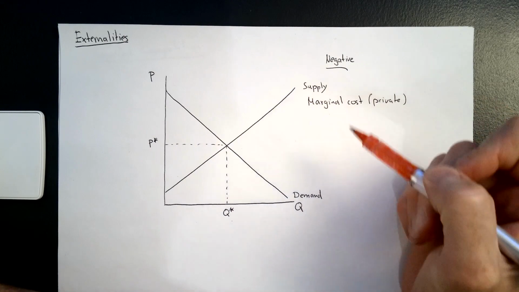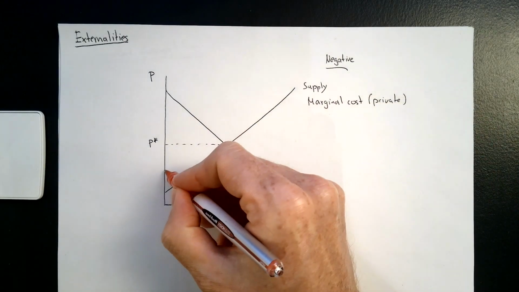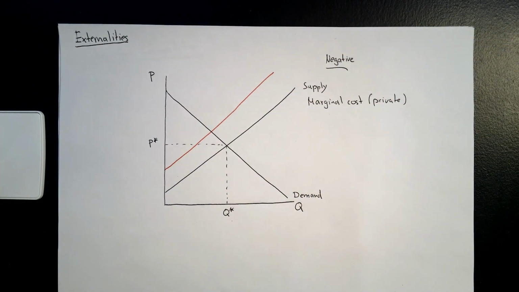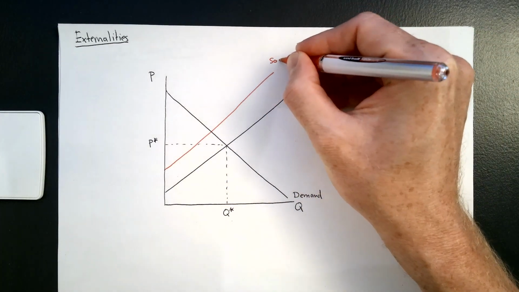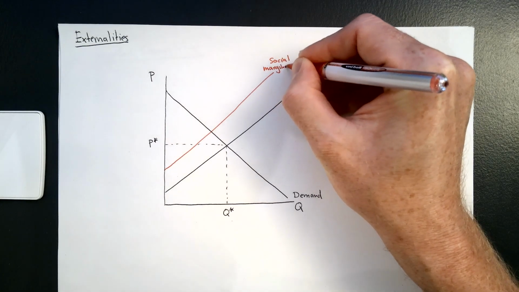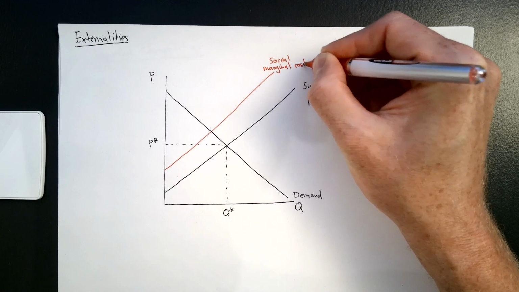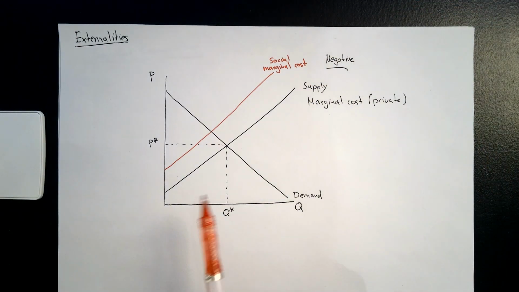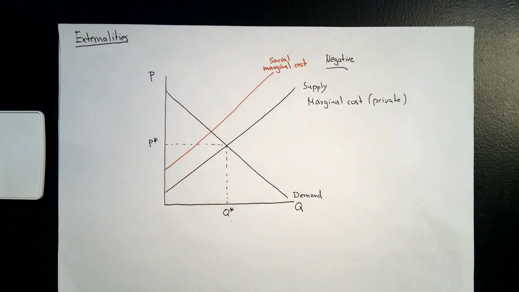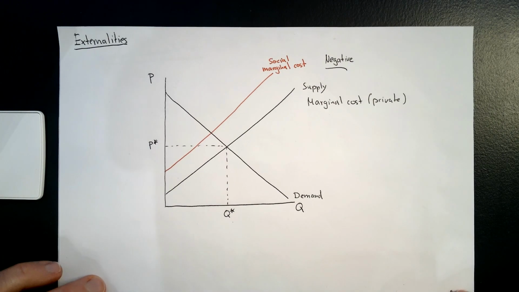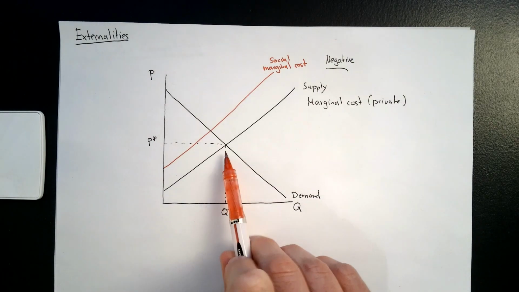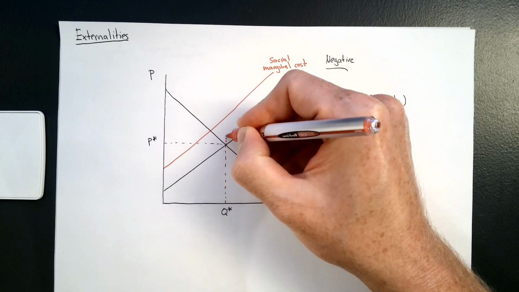So you not only have a private marginal cost, but you also have a so-called social marginal cost. Which means that for each quantity consumed, there is an additional cost that is onto society. So you can see that for the quantity Q star, we have this additional cost here.